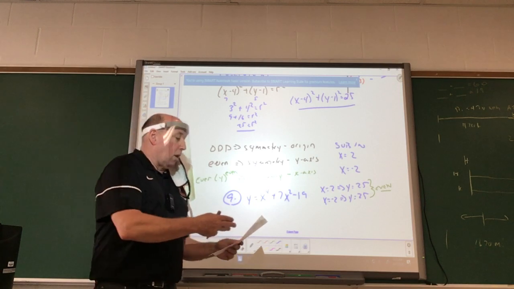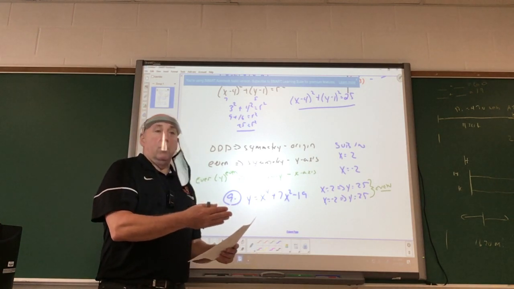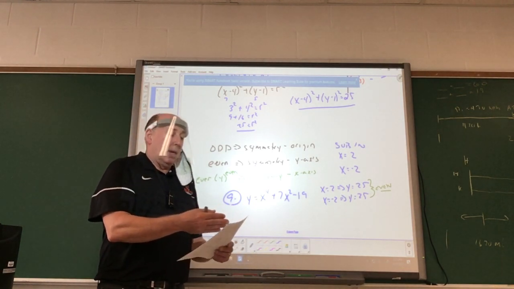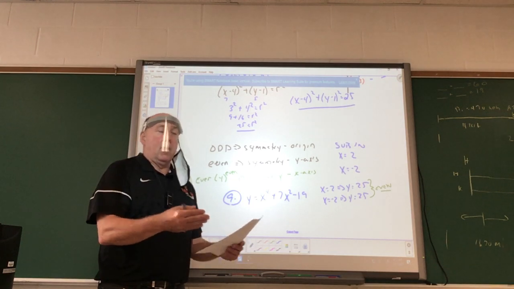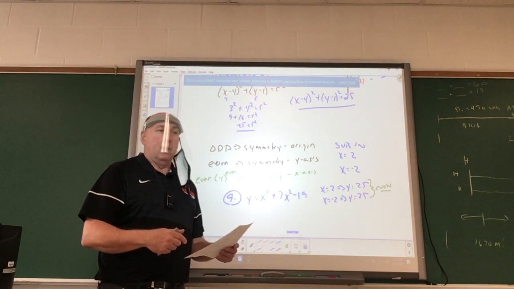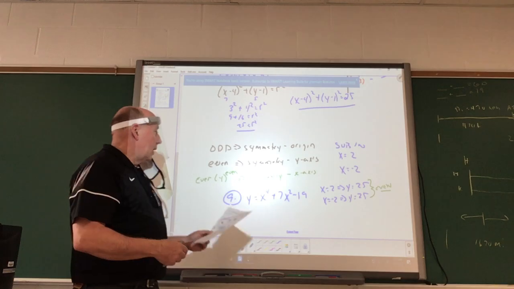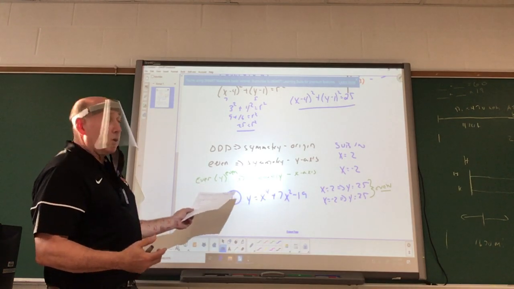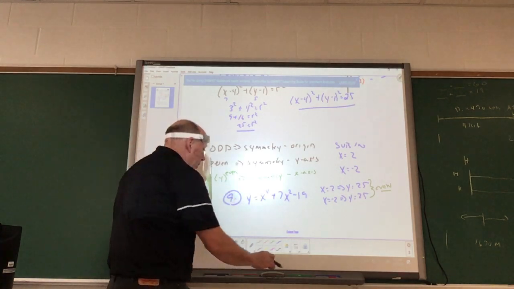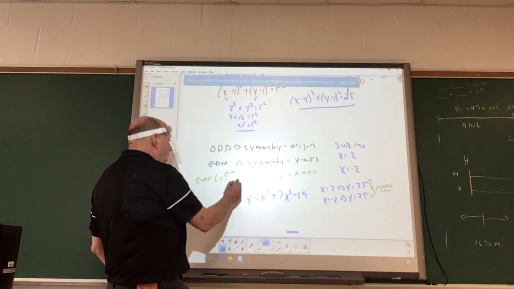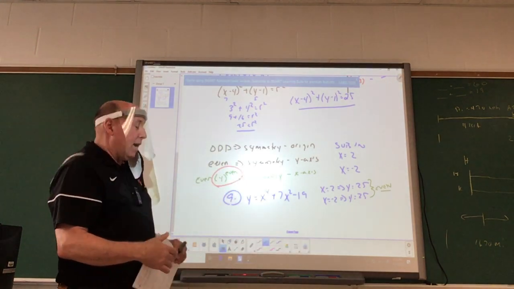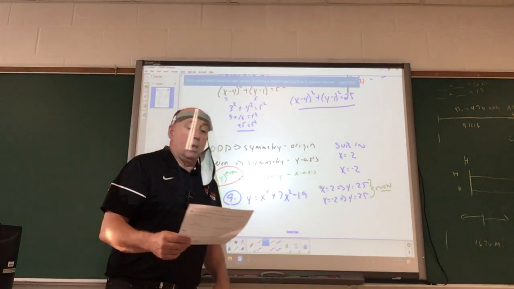Or you can think about it this way: if all my exponents are even numbers with respect to x, I'm going to have an even function. Now the one that's symmetric about the y is not going to be a function, but if all your exponents of y are even, then you'll get an even function.